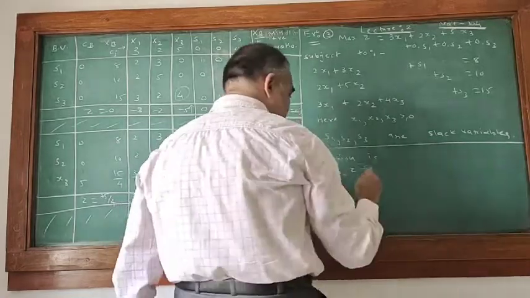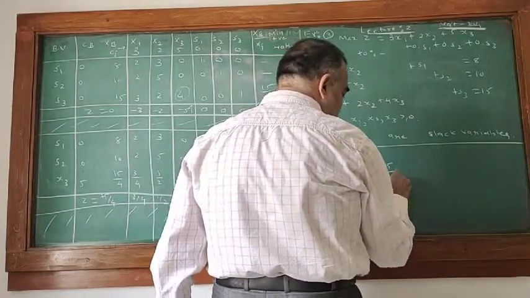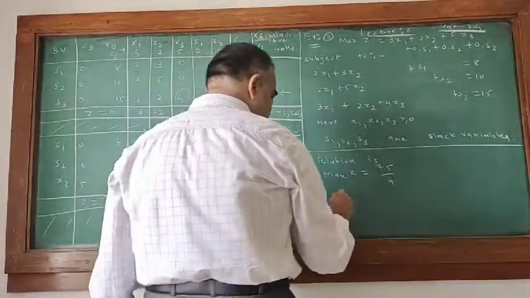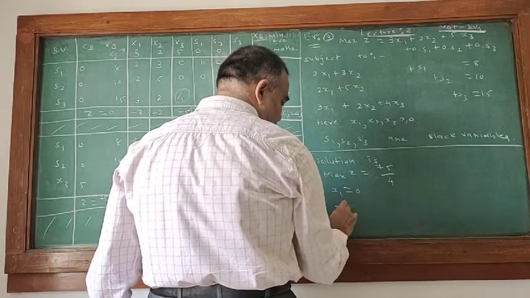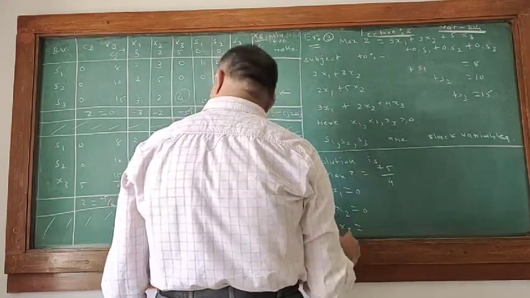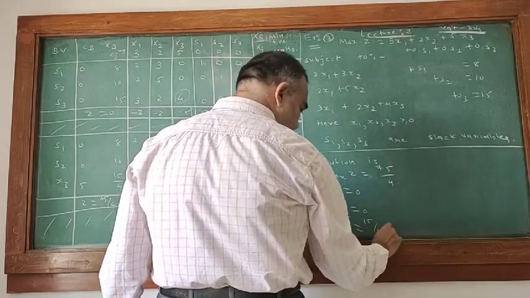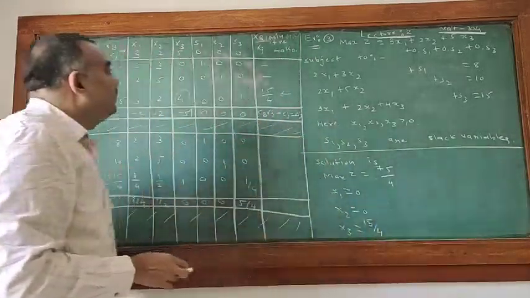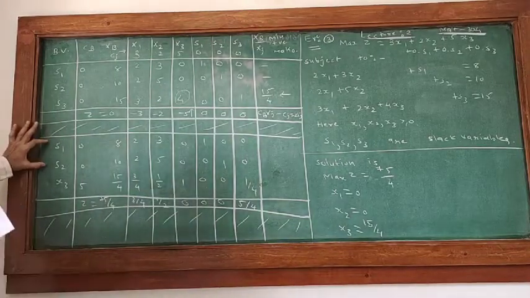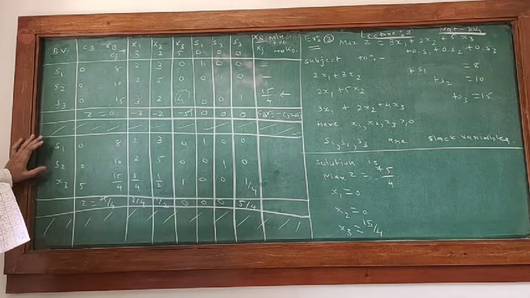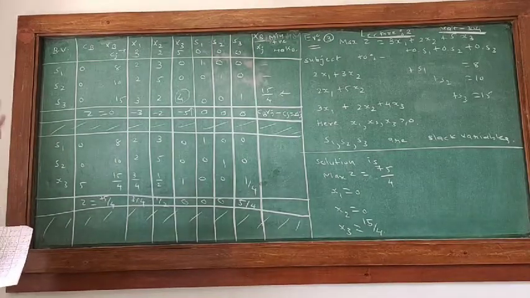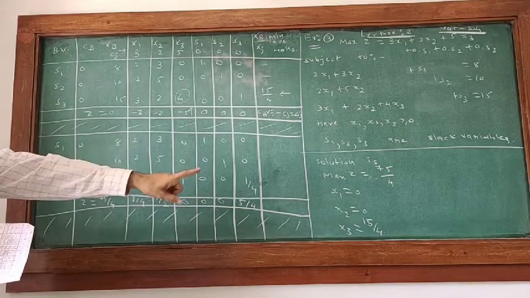Maximum z is 75 by 4. x3 is 15 by 4. x1 is not in the basis, x2 is not in the basis, means they are with value 0. You have to do nothing. Clear? This is the solution.